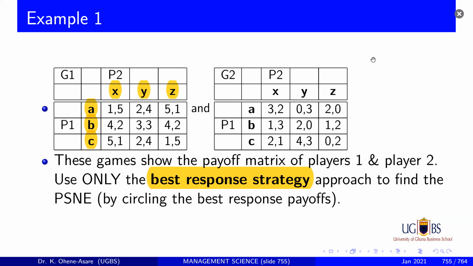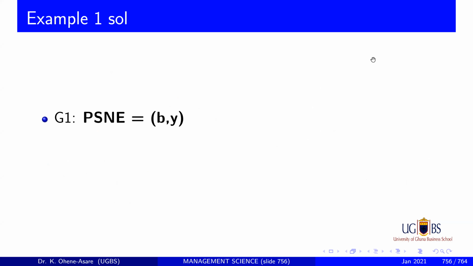So let's look at the answer first. This is the answer, CY. CY is the answer. And I can see that almost all of you have gotten the answer. Everybody got the answer, CY, which is 4-3.